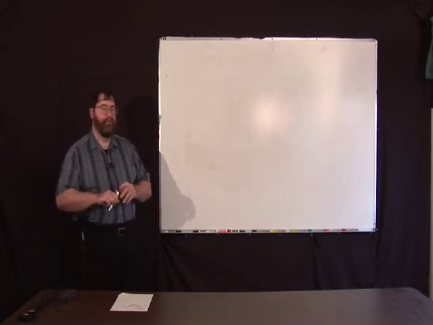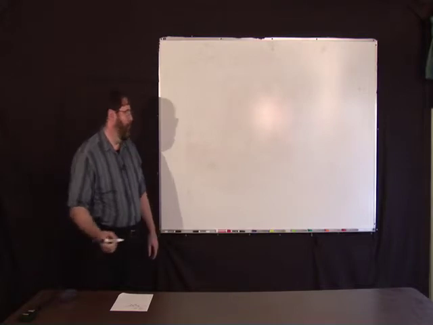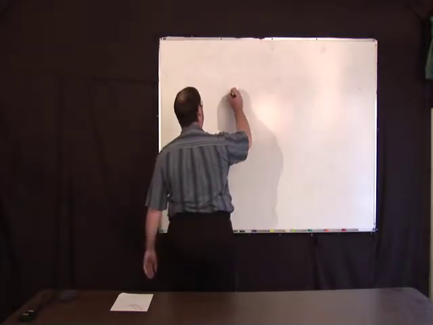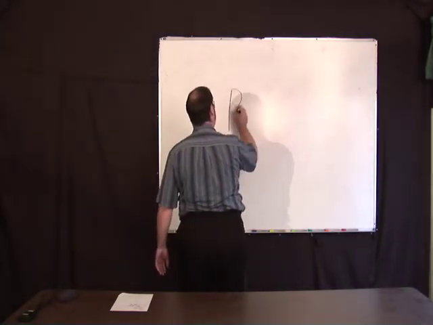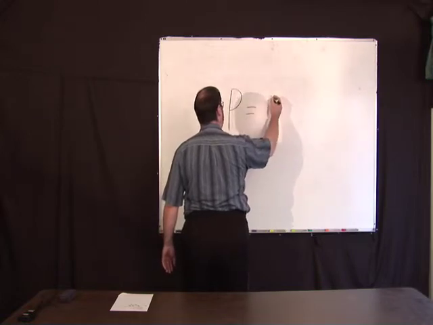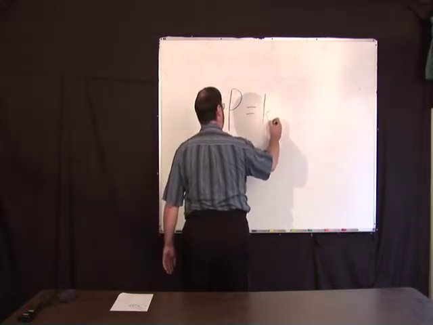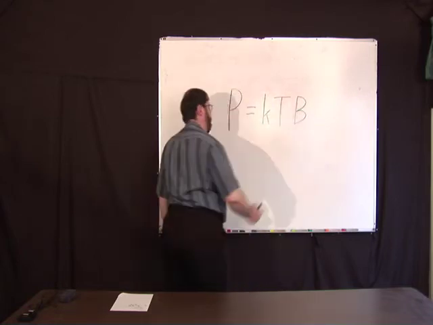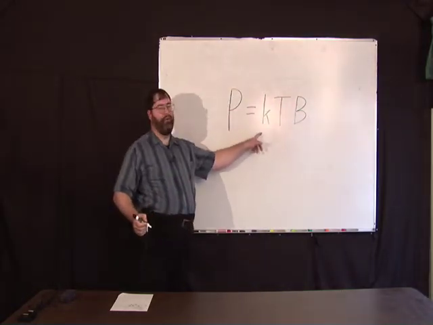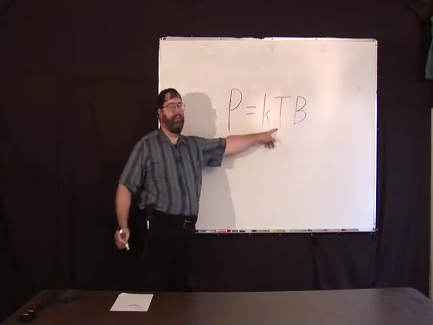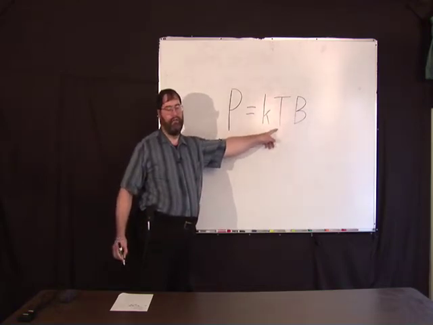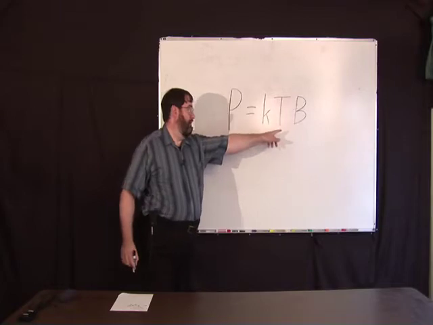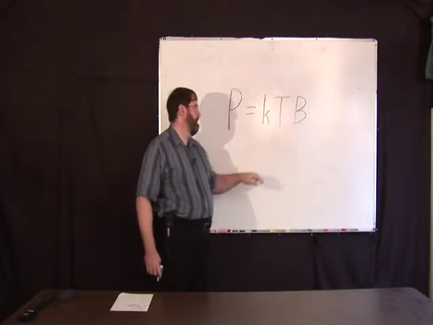Noise power delivered, let's say, from a resistor. Most engineers have seen the equation. The power received is going to be kTB, where k is Boltzmann's constant, T is the thermodynamic temperature measured in Kelvin, and B is the bandwidth.